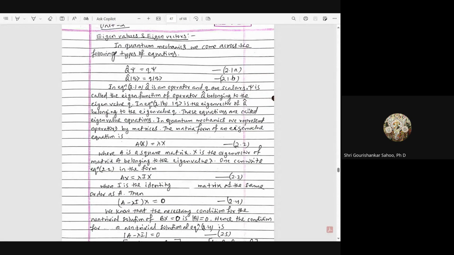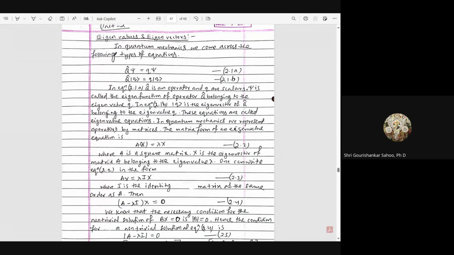It is also very important in quantum mechanics: eigenvalues and eigenvectors. You can see Q cap psi is equal to small q psi, and Q cap ket q is equal to q ket q. So Q cap is an operator and q is a scalar. So psi is called the eigenfunction here, and Q cap is called the operator.